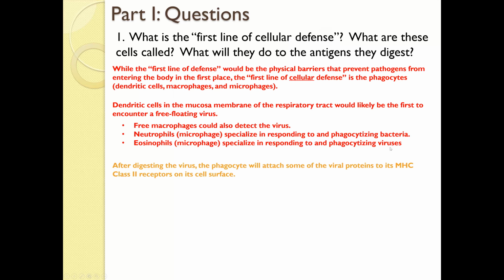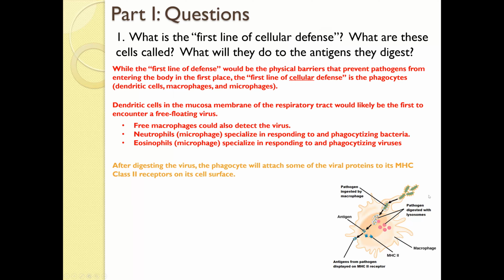So after digesting the virus, the phagocyte will attach some of the viral proteins to its MHC class II receptor on its cell surface. So here's an image.